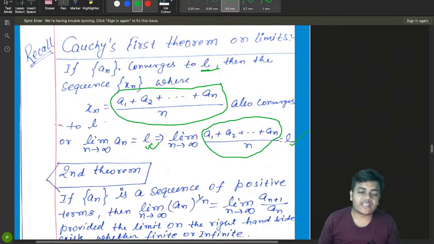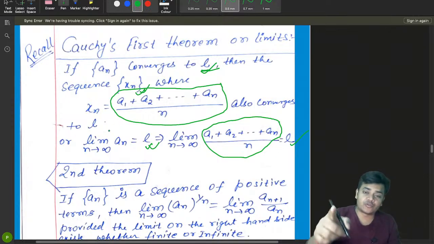If you have a sequence An which is a convergent sequence and converges to L, and Xn is the arithmetic mean of n terms, meaning A1 plus A2 plus A3 plus ... An over n, then this sequence Xn also converges to L. So this is the first theorem.